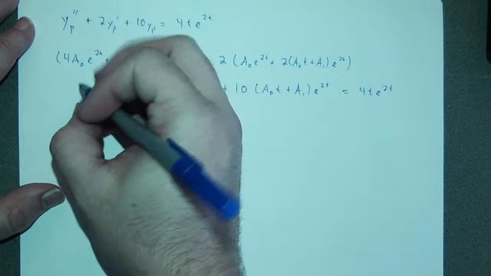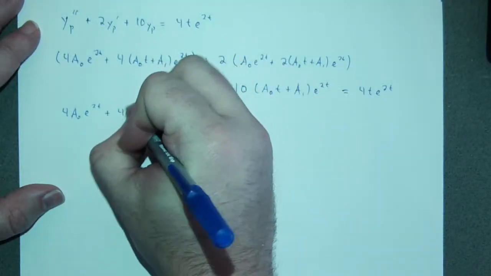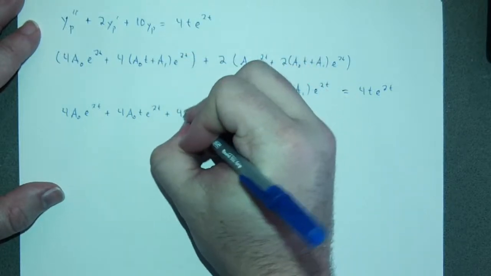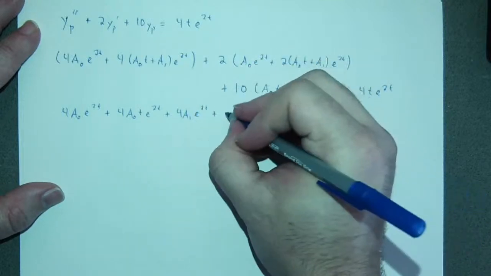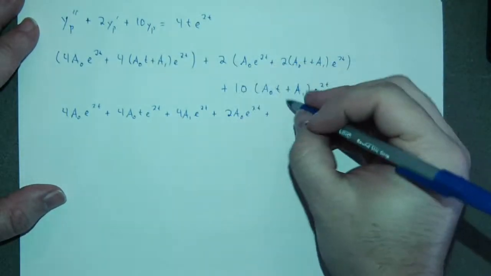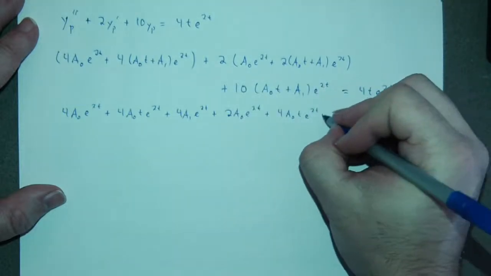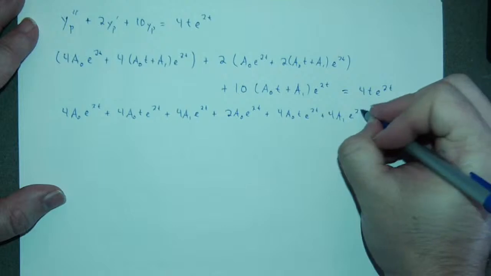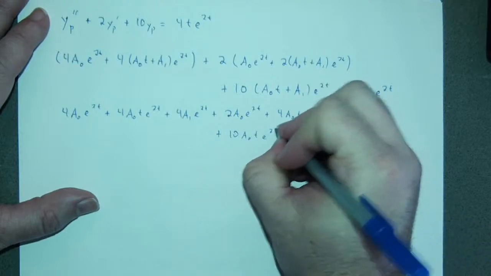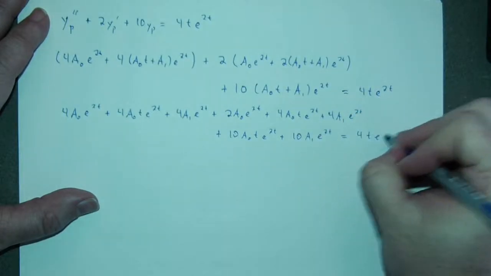So we have 4a0 e to the 2t plus, maybe I'll just write out all this, 4a0 t e to the 2t plus 4a1 e to the 2t plus 2a0 e to the 2t plus 4a0 t e to the 2t plus 4a1 e to the 2t plus 10a0 t e to the 2t plus 10a1 e to the 2t. And all that is equal to 4t e to the 2t.